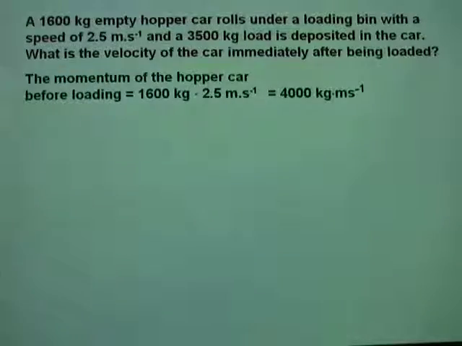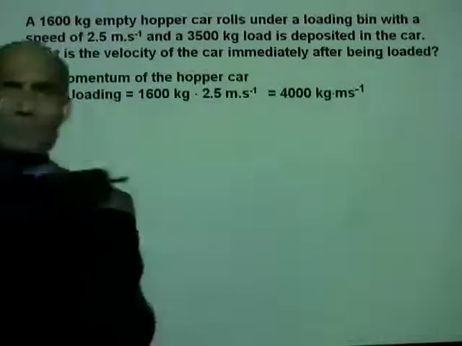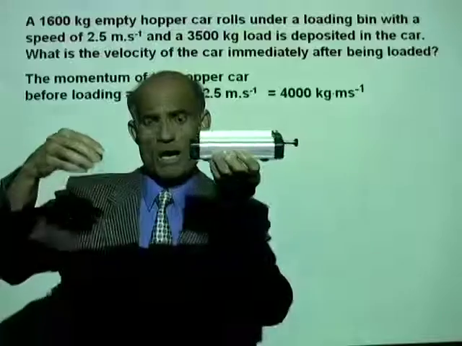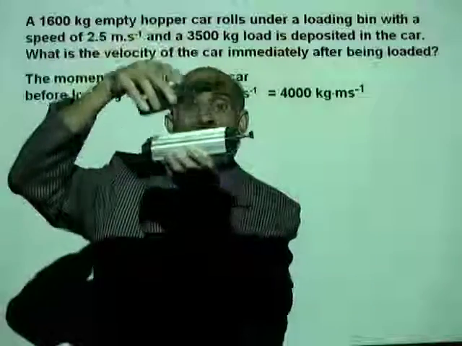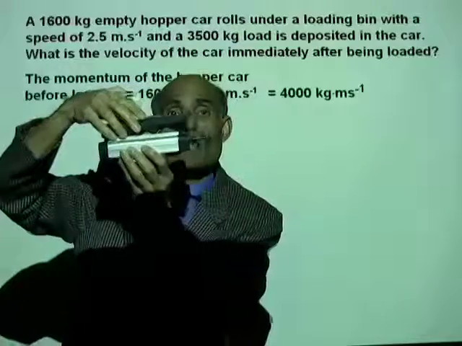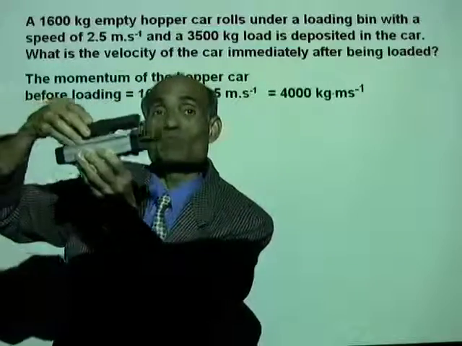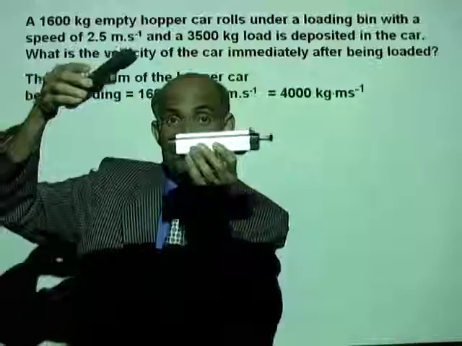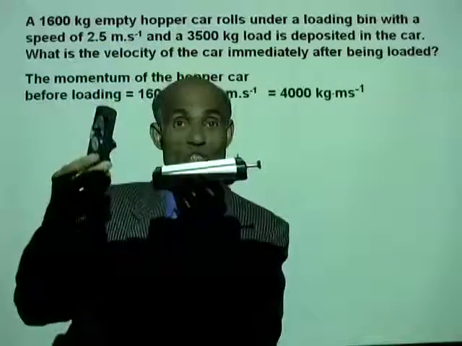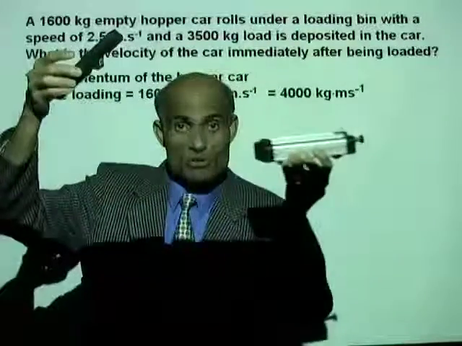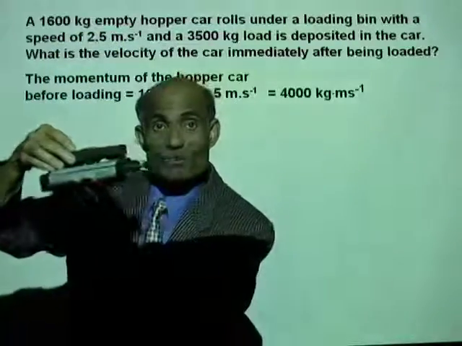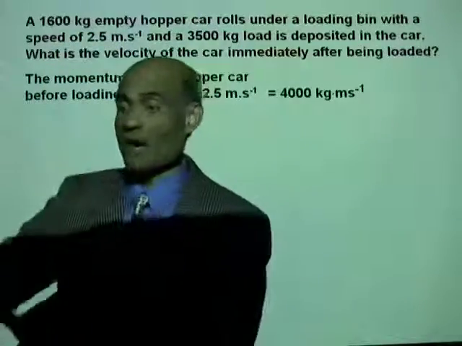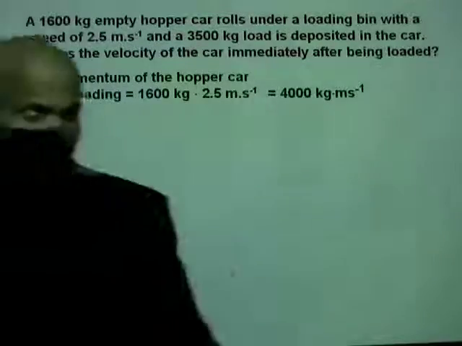So the hopper car moves in. This is where the hopper car comes in, and the load gets deposited on it at that time, and it moves away. The total momentum before the loading, the action here is the loading. So the total momentum before loading must be equal to the total momentum after loading. Okay?